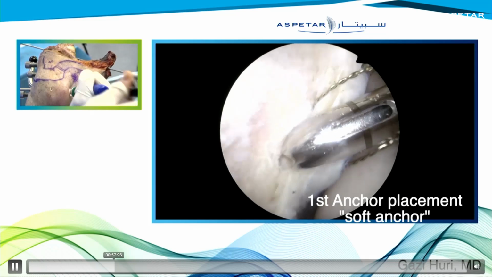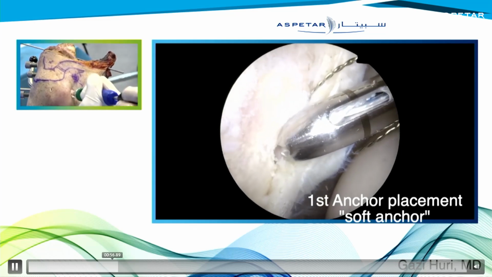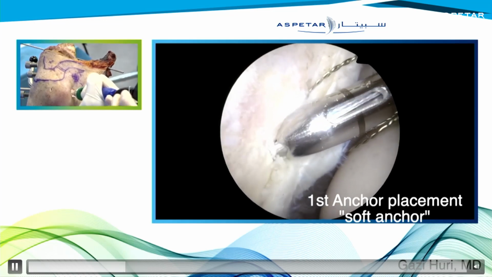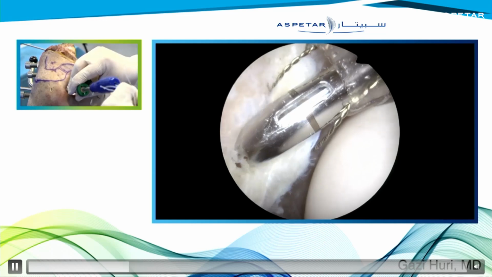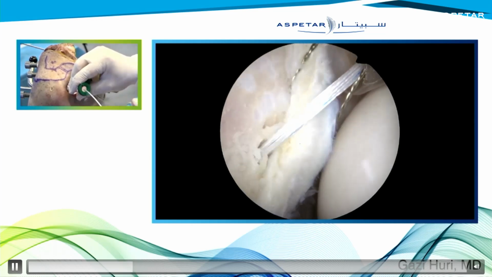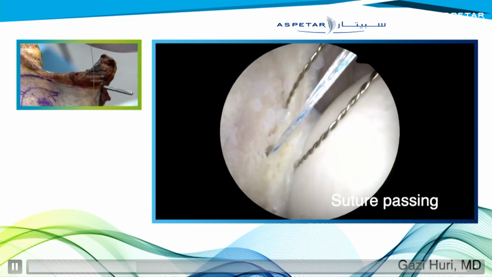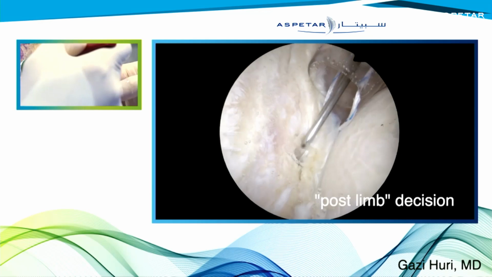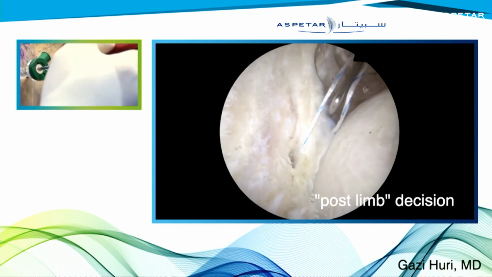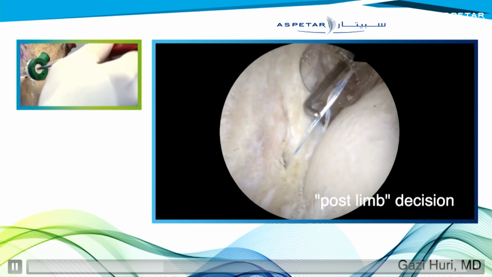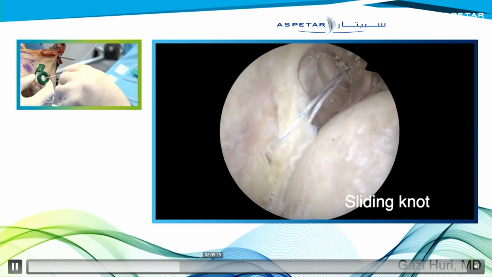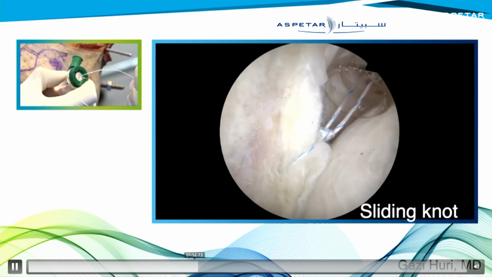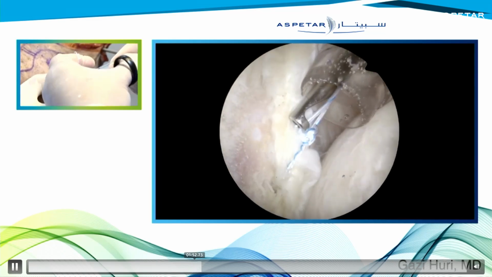There are many different types of anchors that you can use. In that demonstration, I used 3 different types of anchor. This one is the all-suture anchor, which has no metallic or biocomposite ingredients. It's just the suture anchor, and I just wrap it. You can easily see here on the left upside, I'm dealing with the suture management, and then I do my sliding knots, and my knot is coming, and I really love to watch this part of the surgery.